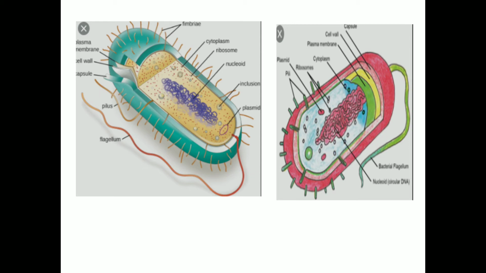Then numerous small hair-like structures are also present on the body of the bacteria, and these are known as pili. Pili help the bacteria to survive under unfavorable condition. It is also useful for reproduction.